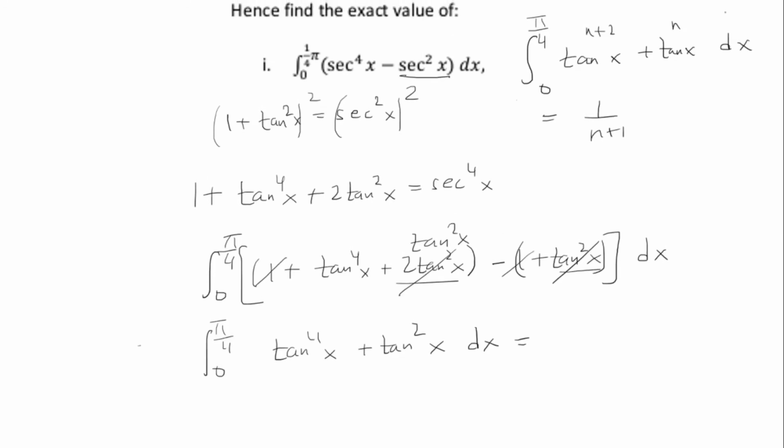So if you look back here, n plus 2 and n, we have to the 4th and squared, so that's only 2 away. So clearly, based off this formula over here, n has to be 2. Okay, so n here is 2. Our answer was 1 over n plus 1, so if we substitute n equals 2, we get 1 over 2 plus 1, which is a third. And that's our answer for this part.